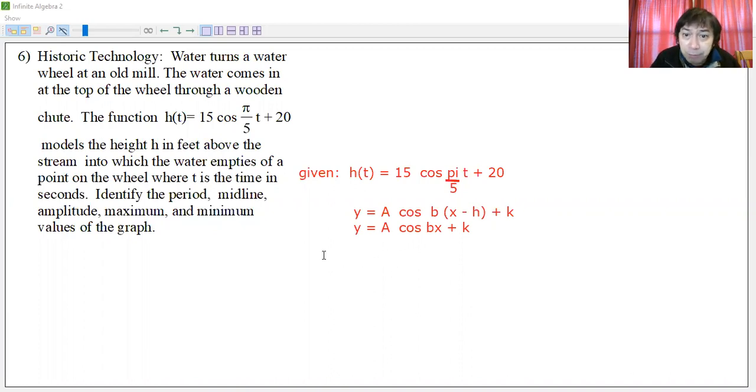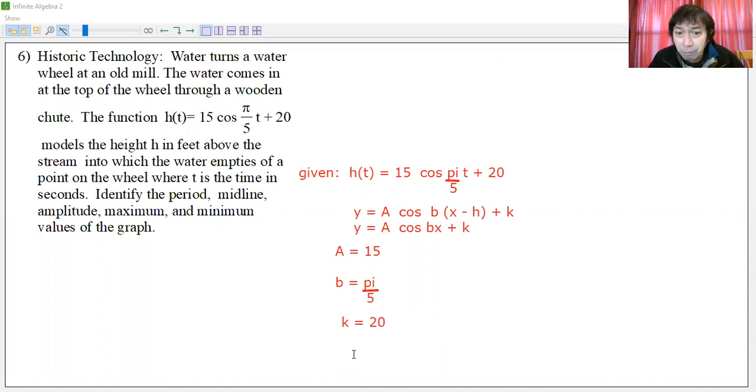And so if we're going to identify it, comparing with our equation, okay, our a is equal to 15. Our small b, our b is pi over 5, like that. There. Also, our k is the 20. Okay. So our k is the 20 there.